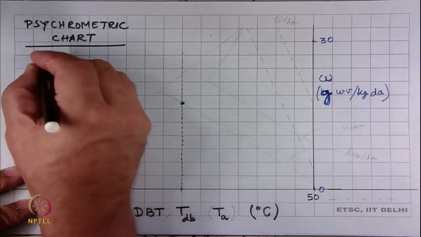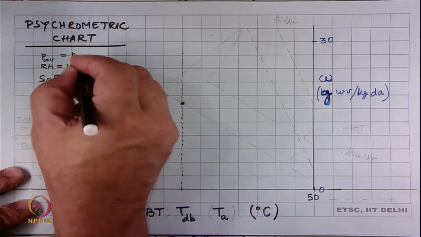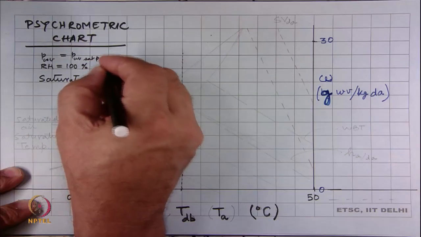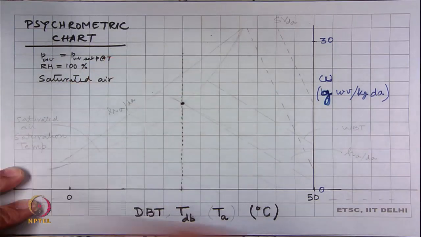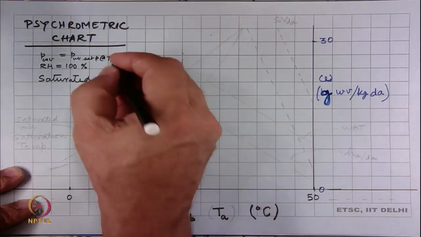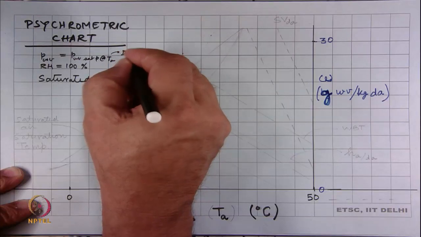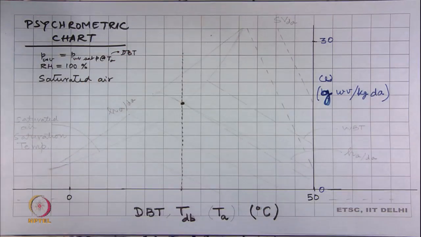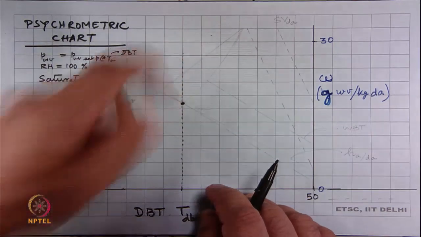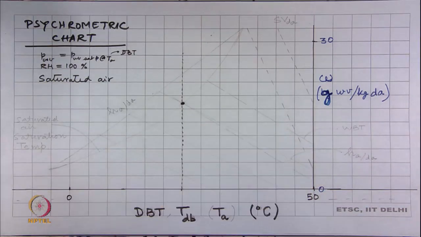The partial pressure of water vapor is equal to the saturation pressure corresponding to the T, which in this particular case for this point, T A is nothing but dBT, the dry bulb temperature. So, these states are not possible.